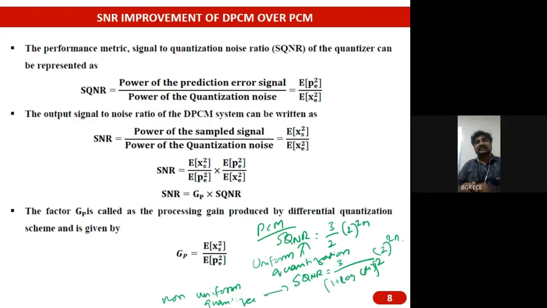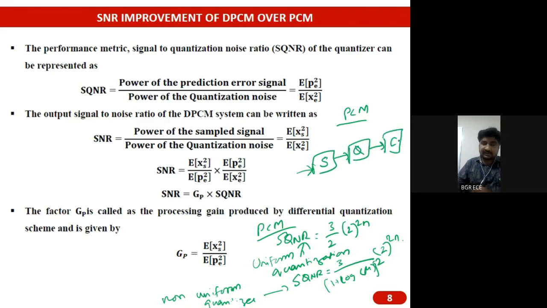In a PCM system, the sampler, quantizer, and encoder will be there.